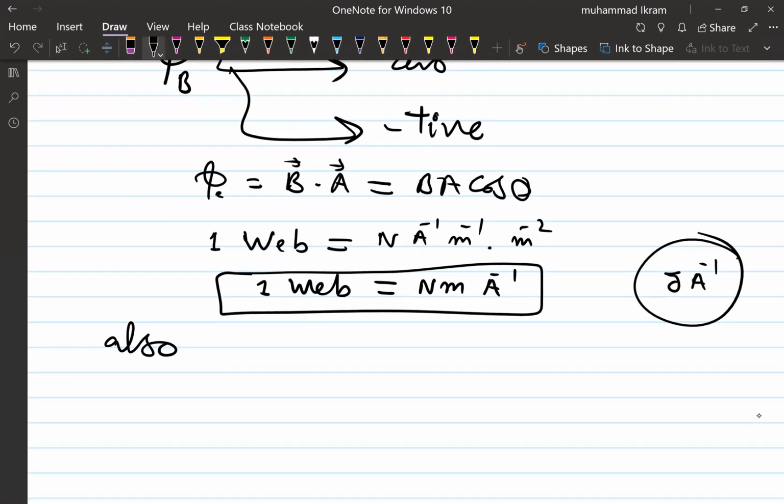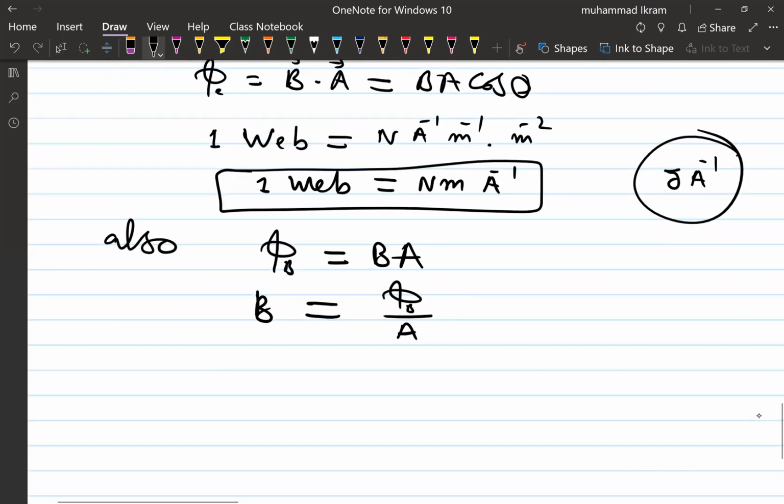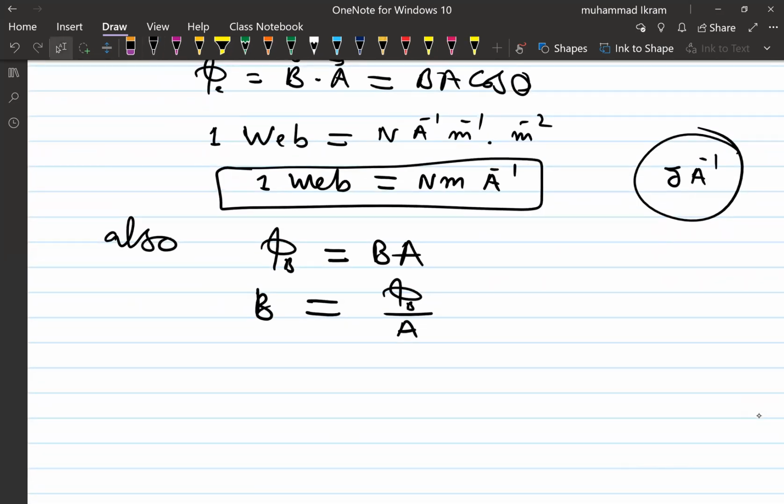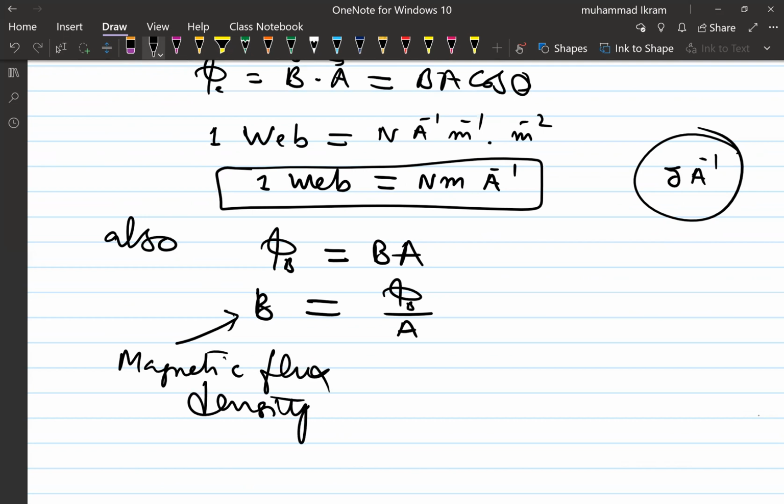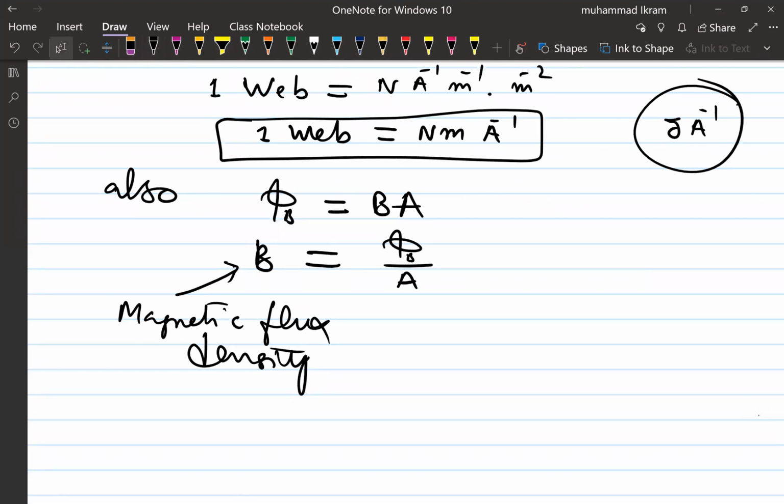Also, from the definition of this flux, Φ_B equals BA, we can get the magnetic induction B as flux by A. We call this the magnetic flux density, so magnetic flux per unit area.